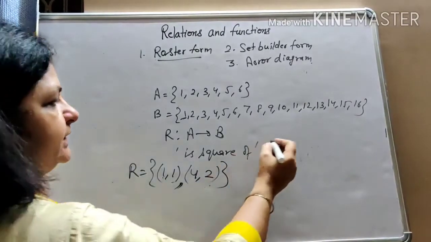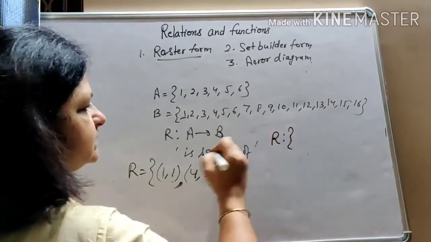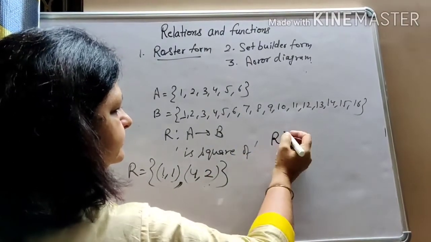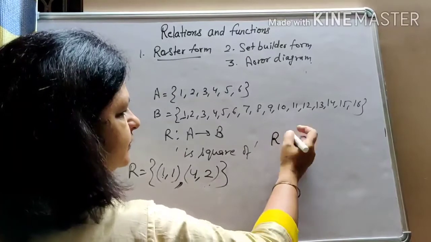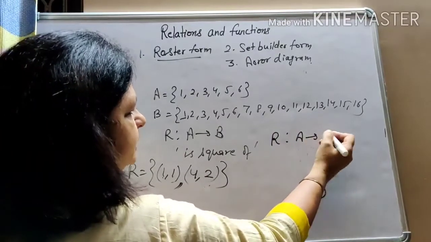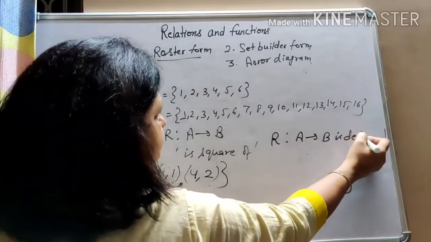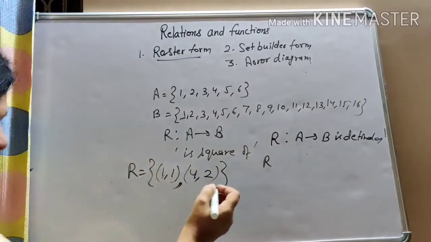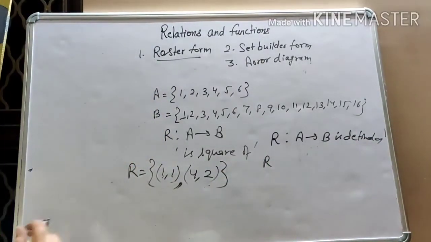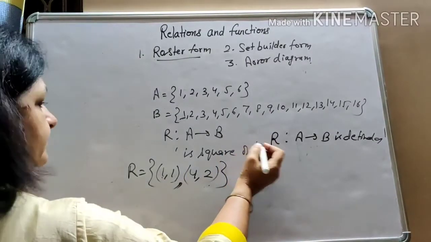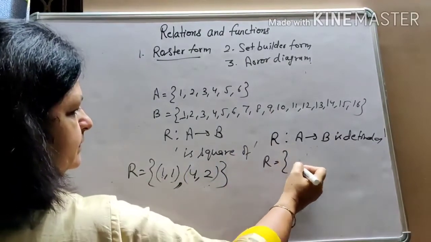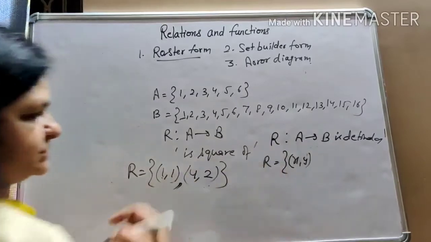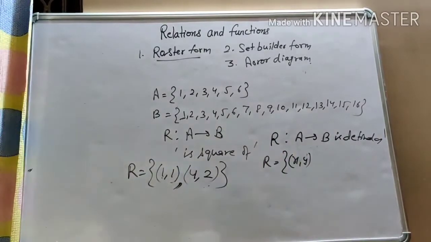And if I am writing this relation as R is from A to B is defined as R, because relation is in the form of x comma y.